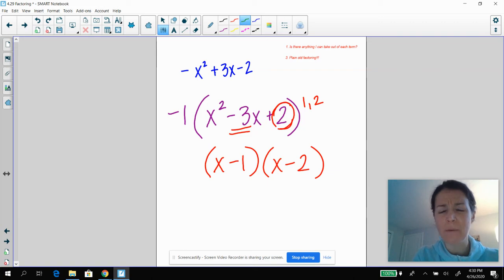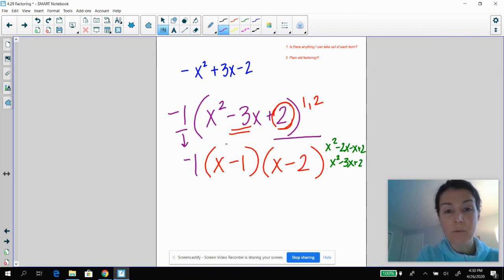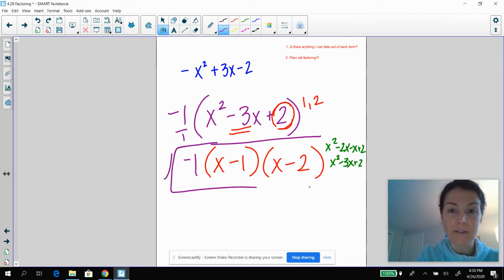And let's just double check with our foiling. I get x squared minus 2x. Oh, minus another x, and then plus 2. X squared minus 3x plus 2. Amazing! But don't forget that -1. It's got to go in front. And then this would be your final answer.